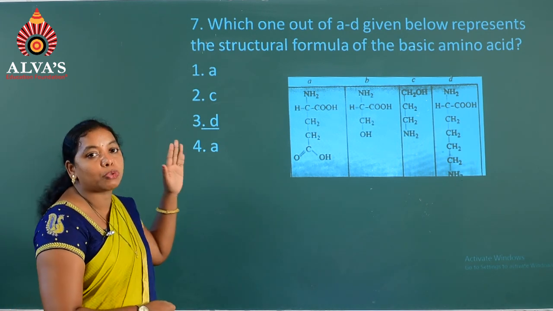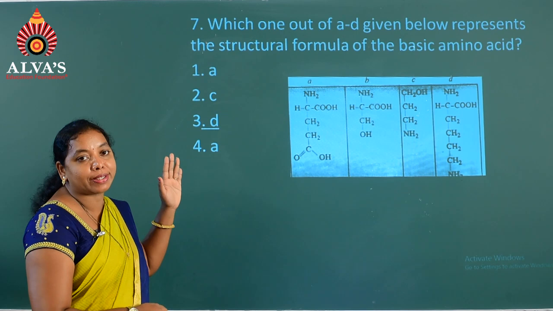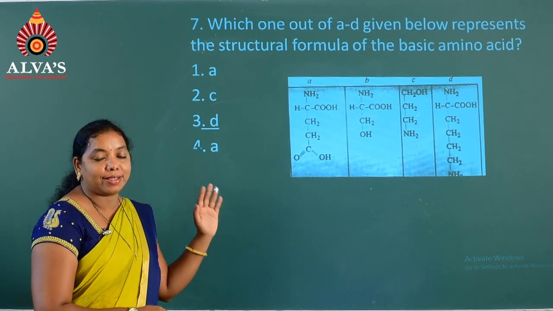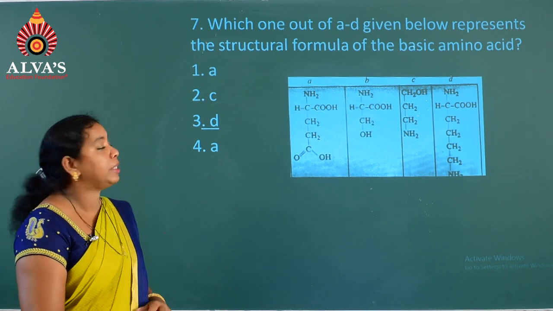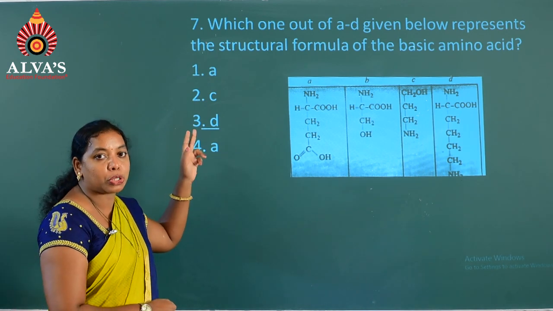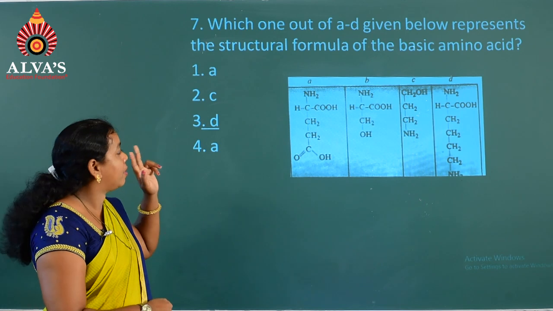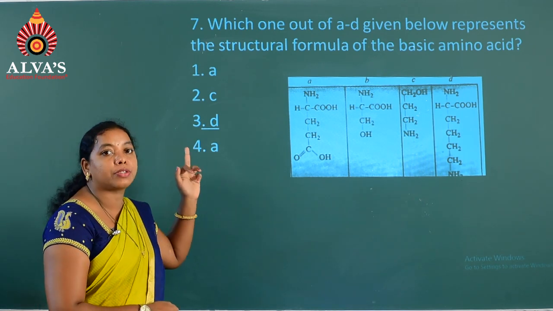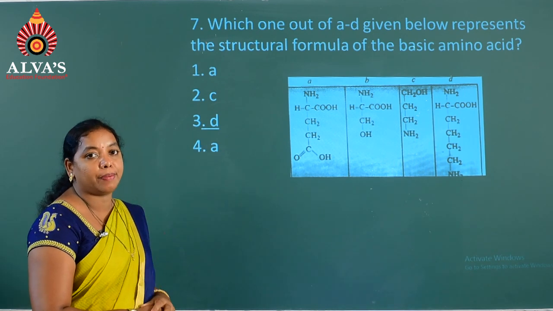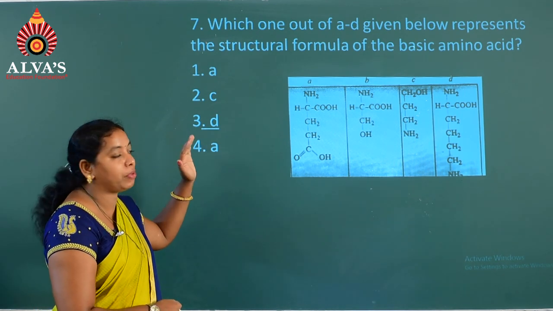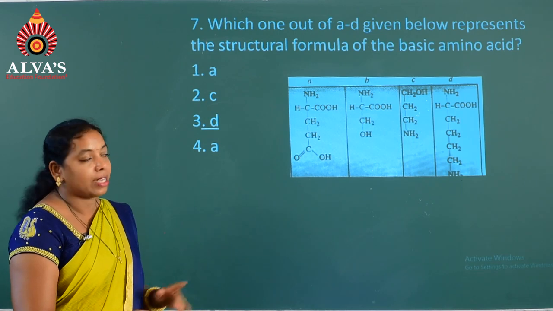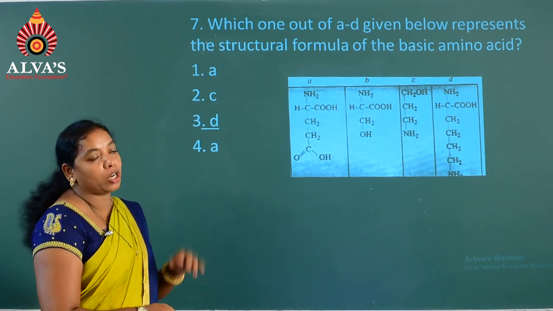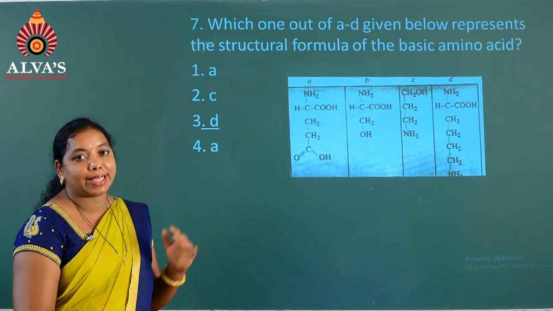The options were: first A, second C, third D, and fourth A. While answering this question, be very careful with the options. The first is A and the second is not B, here it is given C, and the third is not C, here it is given D. As a result, you should be very careful about the options given.